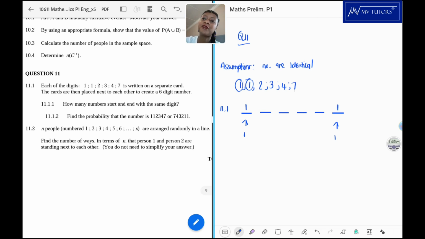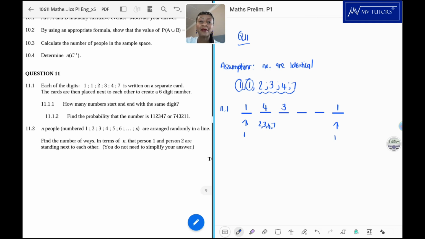Then I'm left with 4 numbers. I know the counting principle can be a little tricky, but I hope you are with me. I've already used up the ones, because it has to start and end with the same number. Now I'm left with 4 options. So on the second one here, I can put any of these 4: the 2, the 3, the 4, or the 7. So there are 4 options for me to put there. Once I've put those, now I'm left with 3 options.